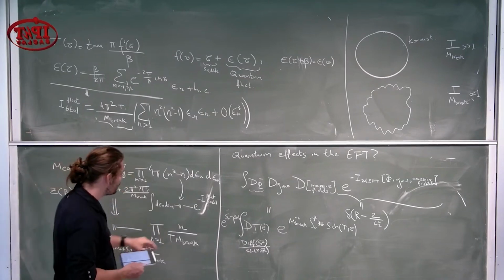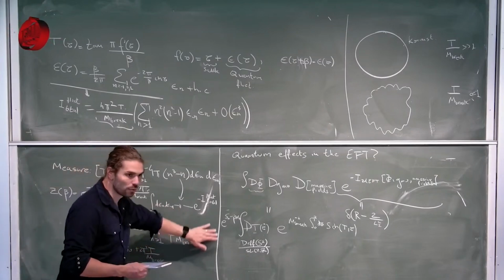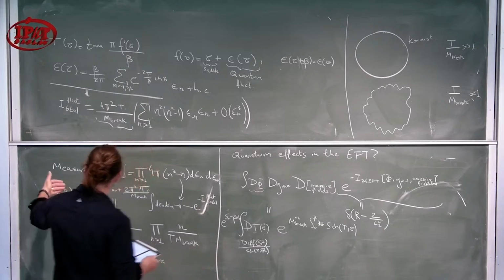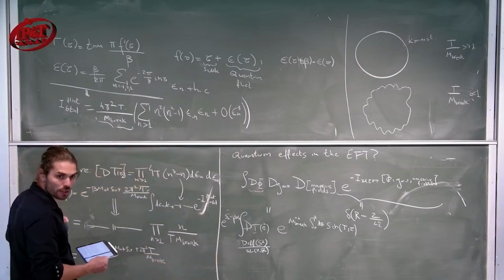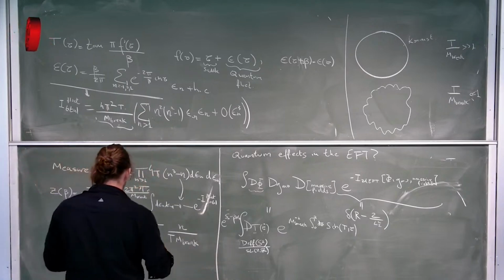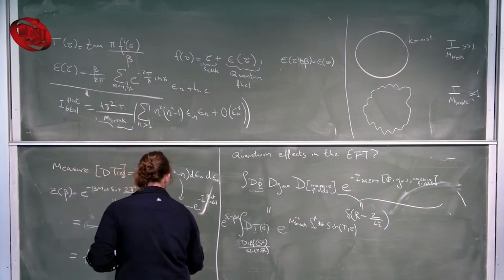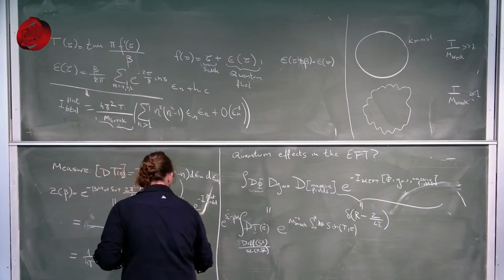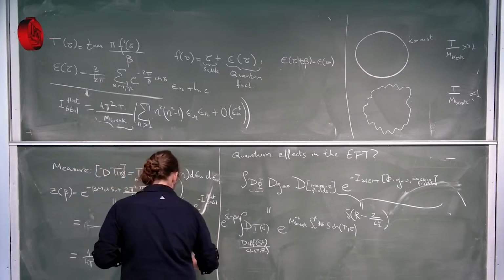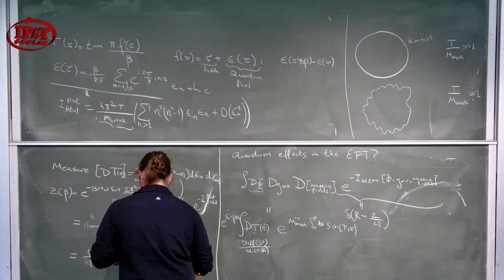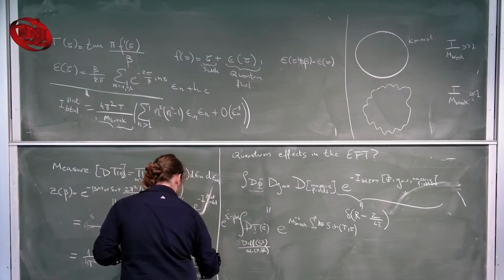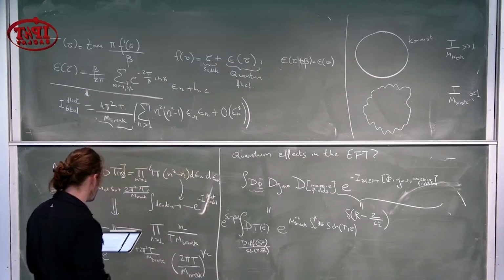Now we have to regularize this infinite product over all the modes. The way to regularize it is to consider the ratio of two of these partition functions, in which case you find that effectively the one loop determinant is given by 2 pi times T over M break to the three halves.